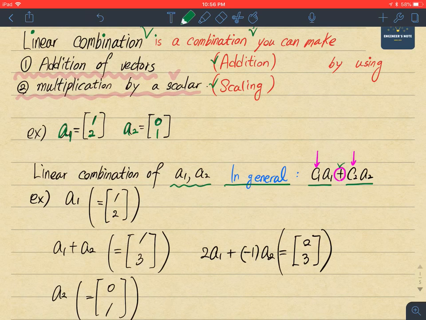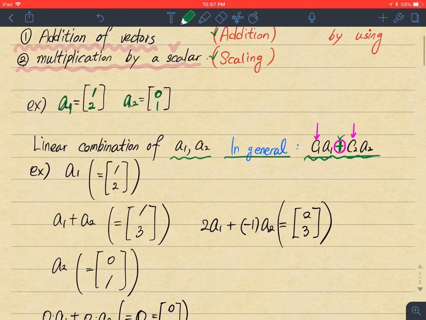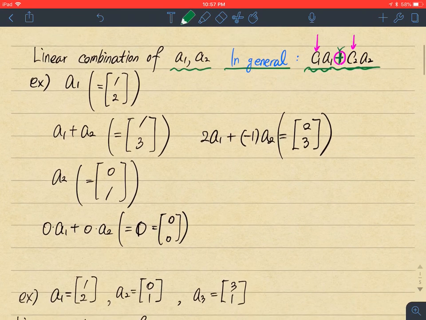So you used those two things, addition and scaling. You added two vectors, multiplied by two different, or it could be the same, but two arbitrary scalars. Okay, so here is a general form of linear combination of a1 and a2, and here are some real examples.